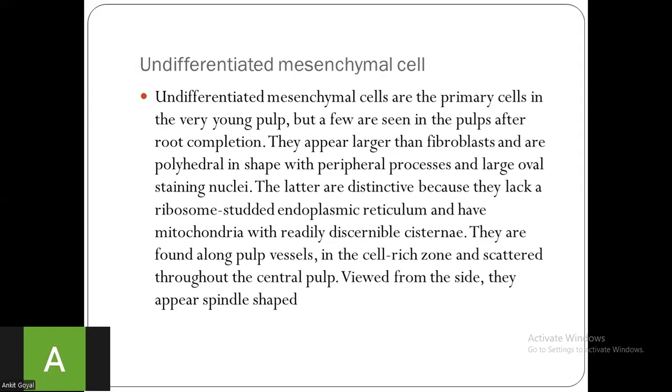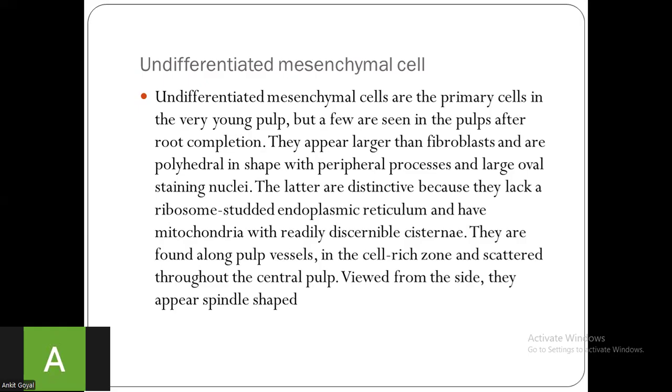Undifferentiated mesenchymal cells. Second, undifferentiated mesenchymal cells are the primary cells in the very young pulp, but a few are seen in the pulp after root completion. They appear larger than fibroblasts and are polyhedral in shape with peripheral processes and large oval staining nuclei. The latter are distinctive because they lack a ribosome-studded endoplasmic reticulum and have mitochondria with readily describable cisternae.